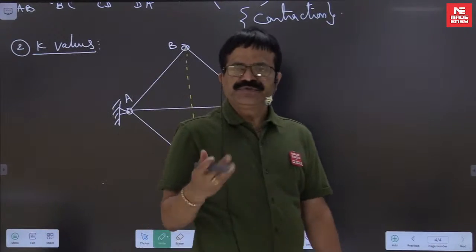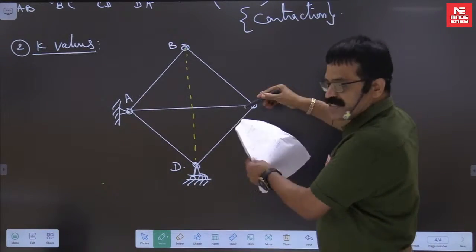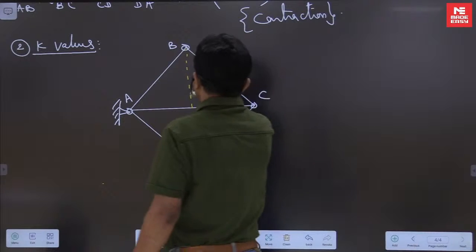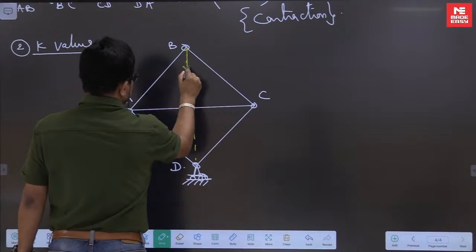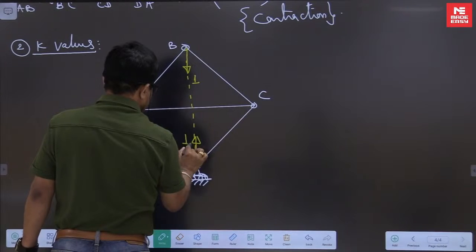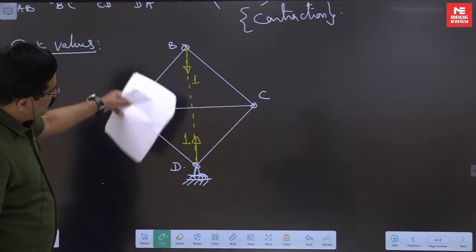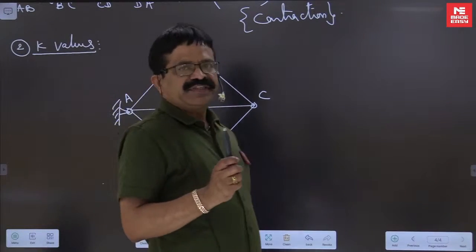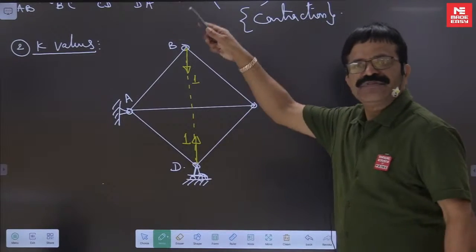Let us assume that we do not know whether they are moving towards each other or away from each other; some direction we can assume. One here, one here. By writing 1 and 1, 2 unit loads, we are assuming that the joints B and D are moving towards each other.